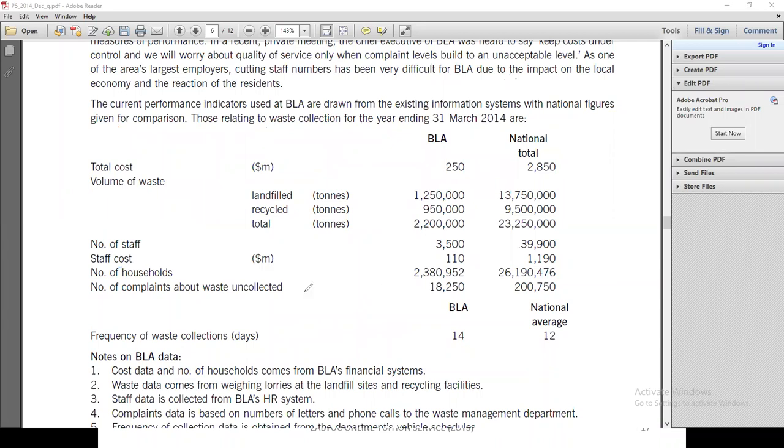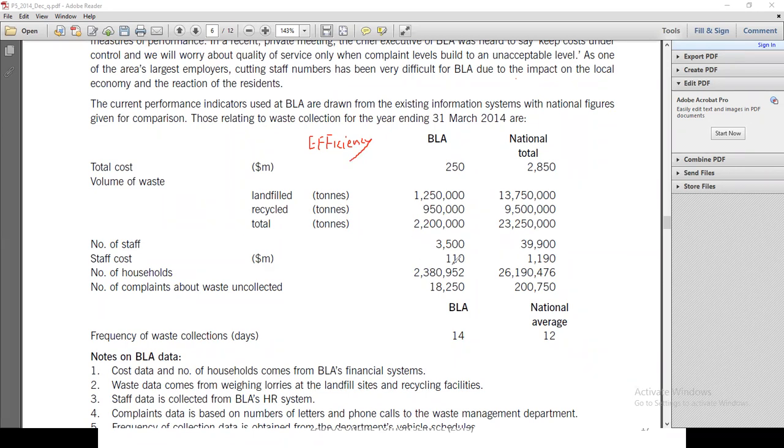Let us look at efficiency. Efficiency involves comparing outputs with inputs. And the idea is, ideally, we want to maximize our output. Now, what is the output here?